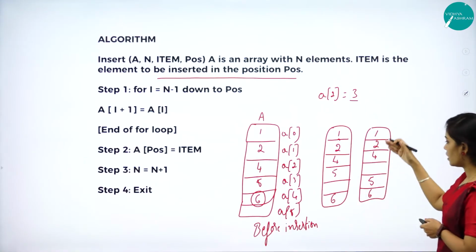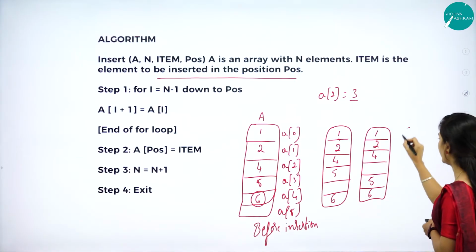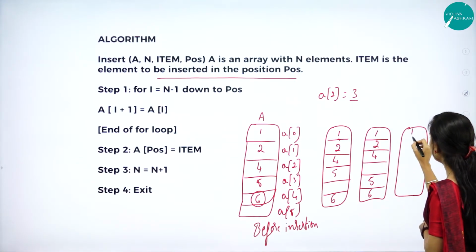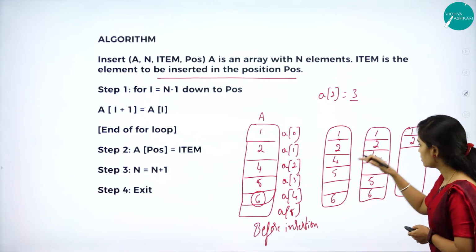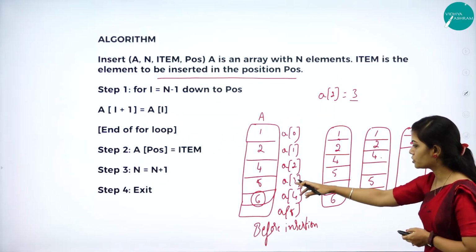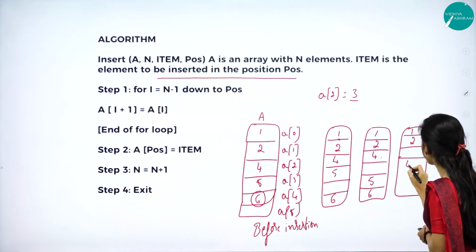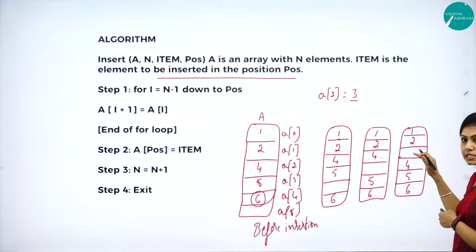So, your array looks like this, and again 4 has to move back to the position A of 3. So here we have an empty space.